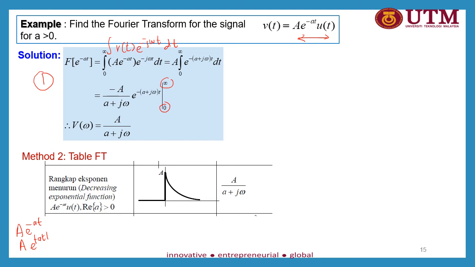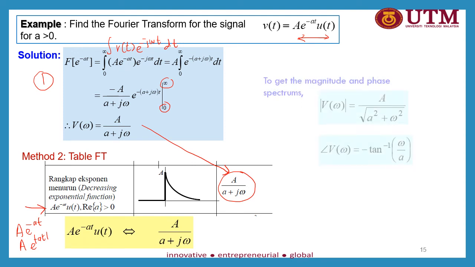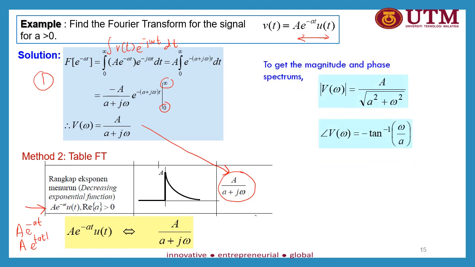In this case, the function A e to the minus a t multiplied with u(t), so this is the actual equation. From the third column, you'll notice the Fourier transform of the same signal. So method 1 and method 2 produce the same answer. To get the magnitude and phase spectrum, you need to convert this rectangular form into polar form.